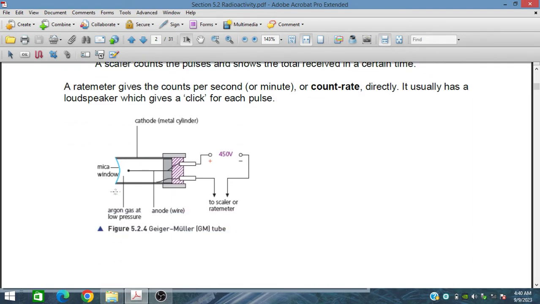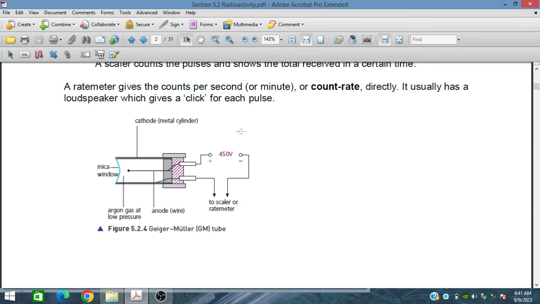So this is the mica window, the cathode tube, and argon gas inside. This is the anode, this is the cathode, and the argon gas is inside. When radiation enters the GM tube, the argon gas ionizes, and this ionization interacts with other atoms, and as a result more collisions occur, and the electronic pulses generated are collected on a scaler or a rate meter.